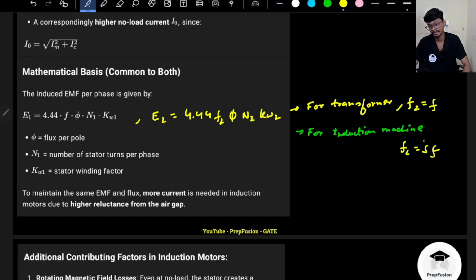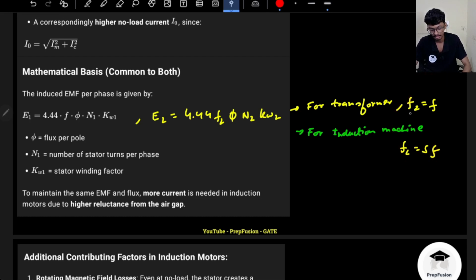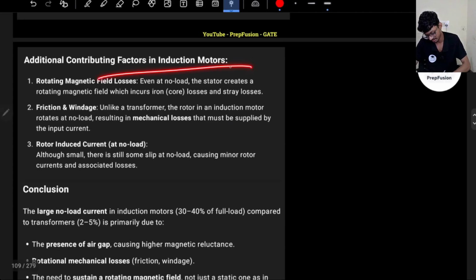So it makes a difference in the equivalent circuit. If s is 1, then the equivalent circuit of the induction motor and transformer will be the same. But if s is less than 1, then they are not the same, because they are not at the same frequency, right? So we will discuss the equivalent circuit. These are additional factors in an induction motor that are different from transformers.